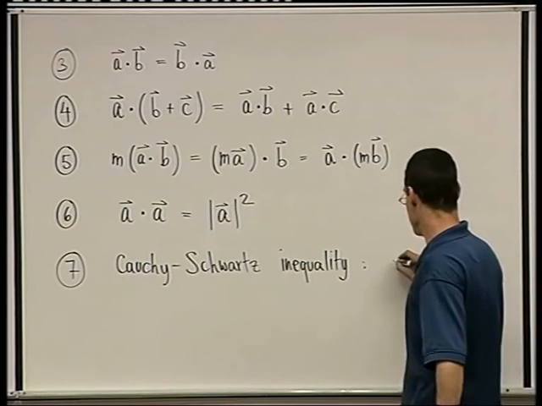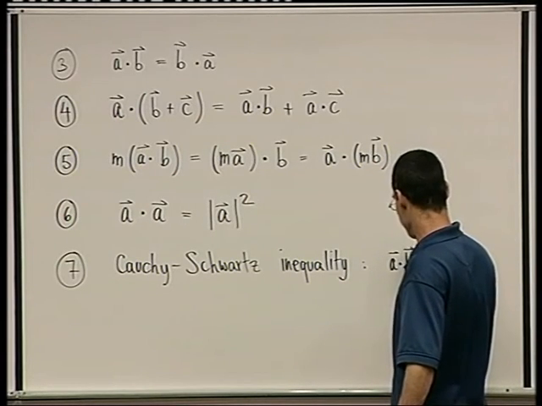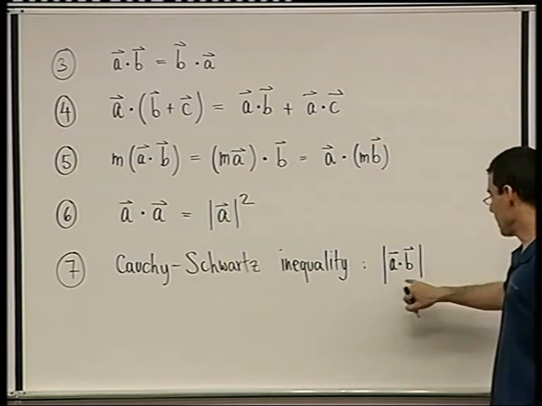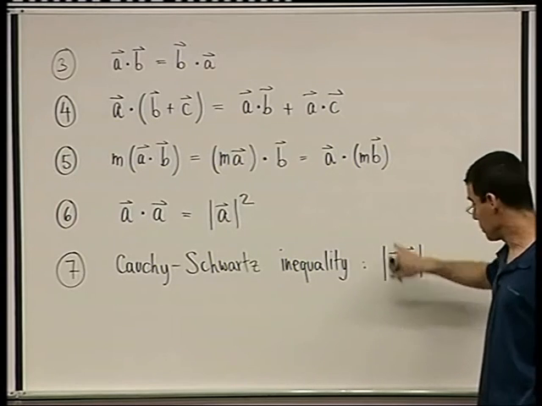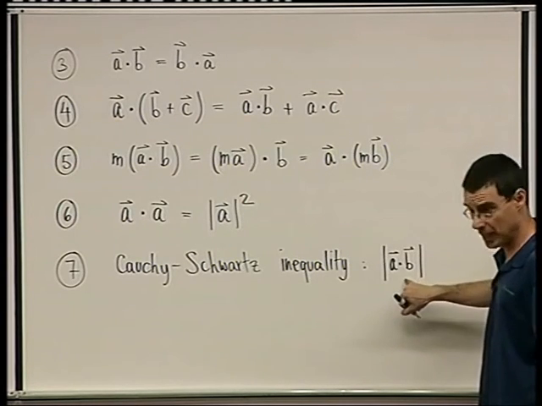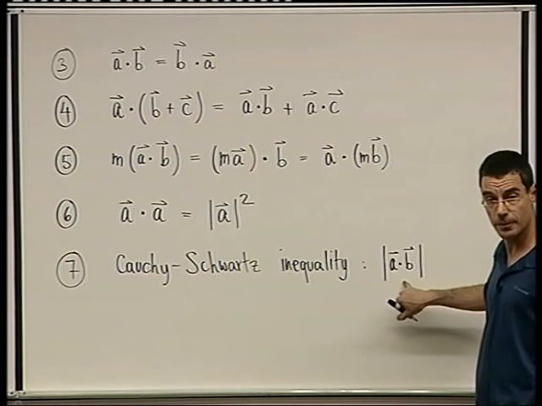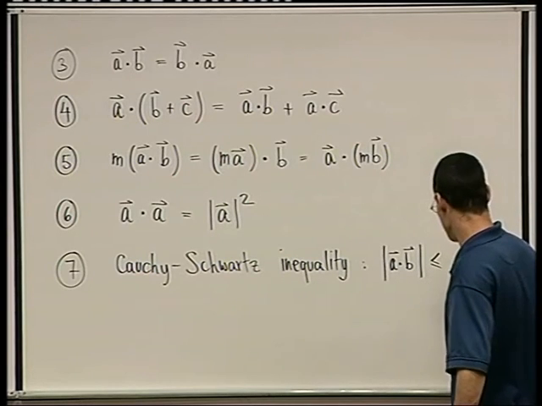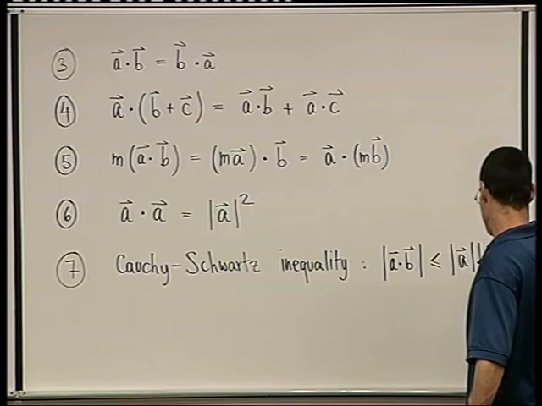It says that if you take a dot b and take its absolute value, right? A dot b is a scalar. So when I do these 2 lines around it, it's the absolute value of that scalar. It's not a length, because this is not a vector. Clear? And this is always less than or equal to the length of A multiplied by the length of B.